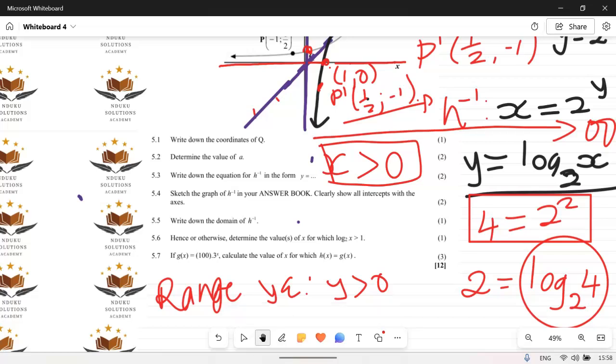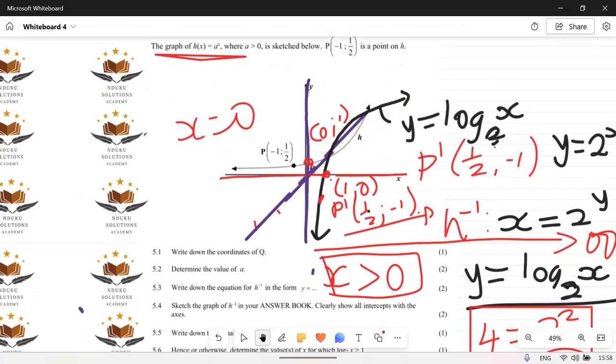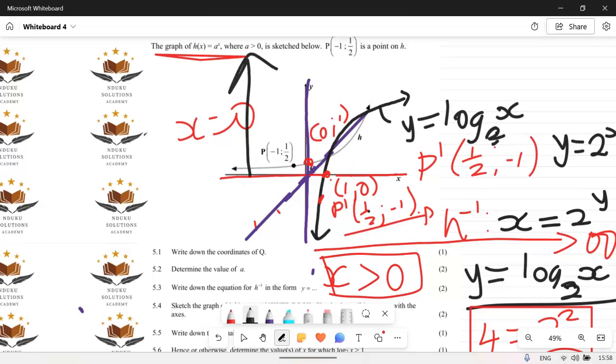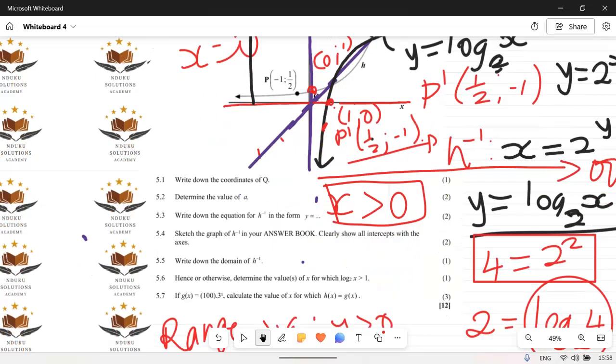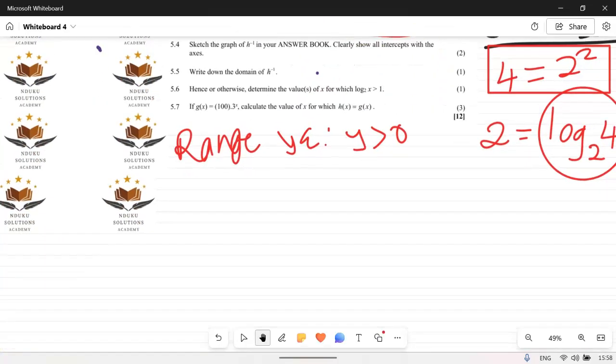If you take a look at the original graph, it was here. The graph was going up, so y was greater than 0. Since we said that when we have an inverse, your y becomes your x, and your x becomes your y, it means if you have an inverse of a function, the range of the original function will now be the domain of your inverse.